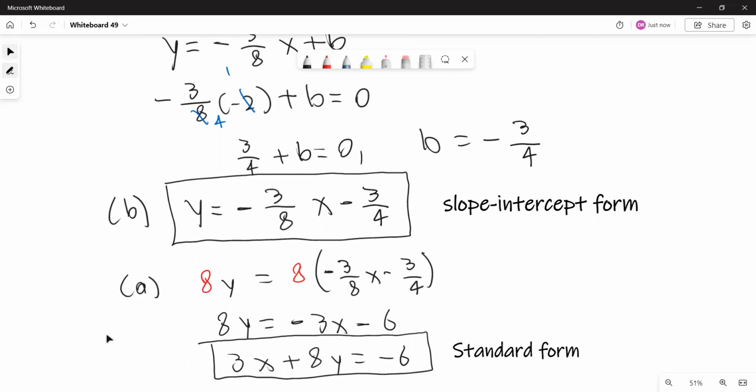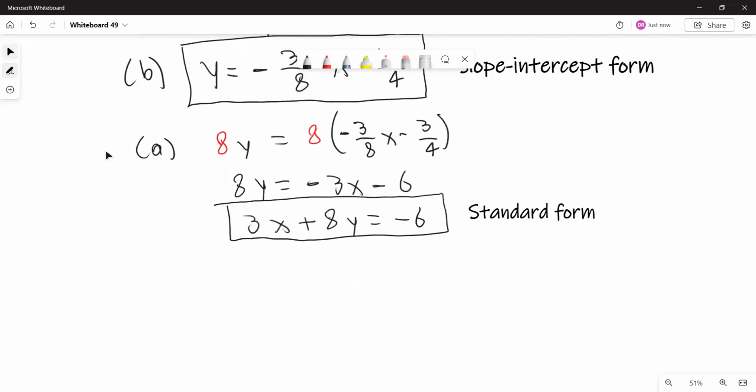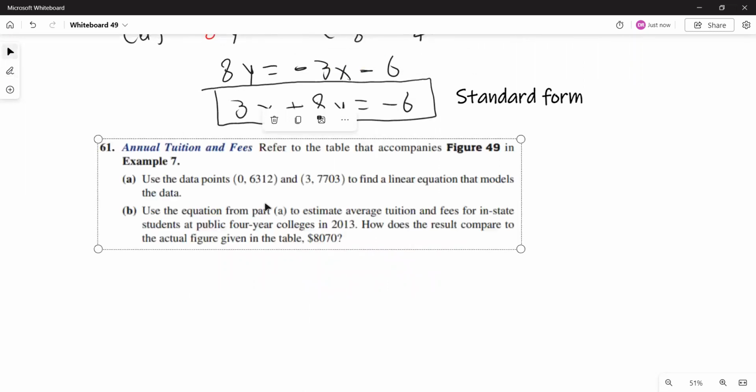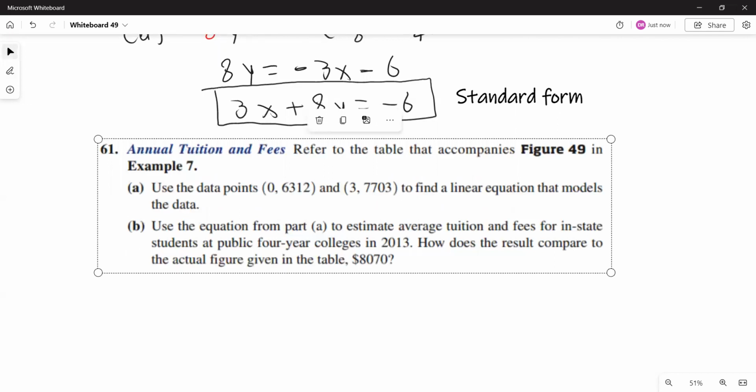So I'm doing a couple of applications to finish this section. We're doing number 61. We're using the figure in that problem. So that's number 61 on the same page, but we need the graph.